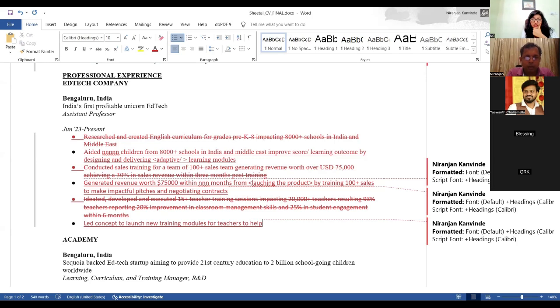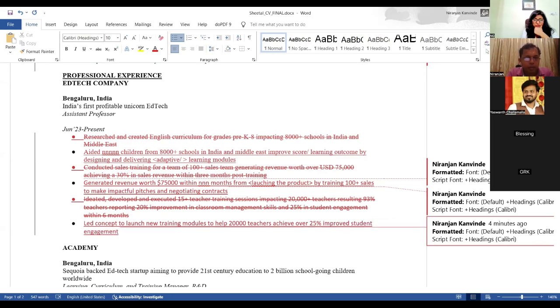Launch training modules to help 20,000 teachers achieve over 25% improvement in student engagement in their K-12 classrooms.